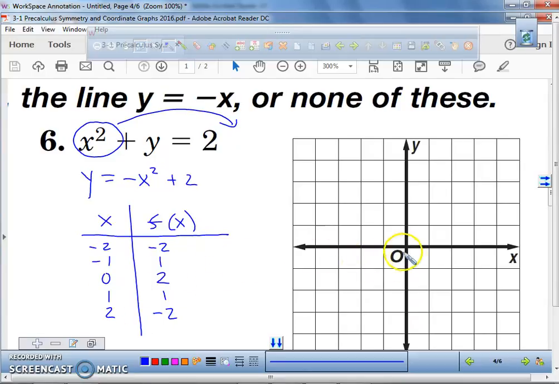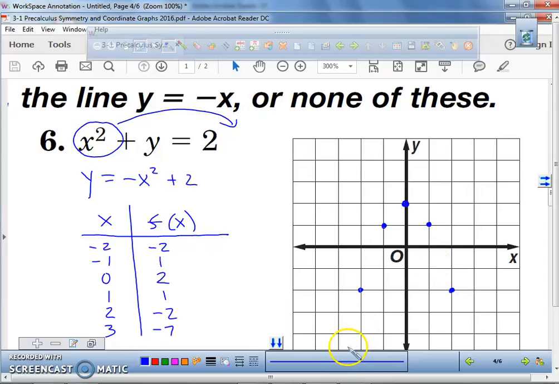I want you to plot these: negative 2, negative 2, negative 1, positive 1, 0, 2, 1, 1, 2, negative 2. And if you went to 3, it puts it all the way down to like negative 7. That's going to put us way down.